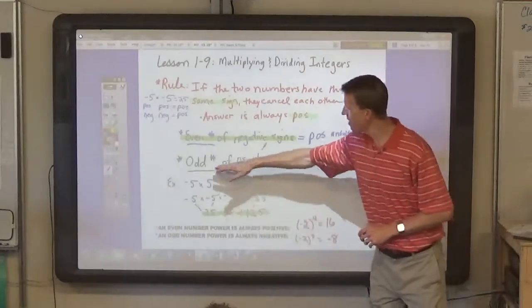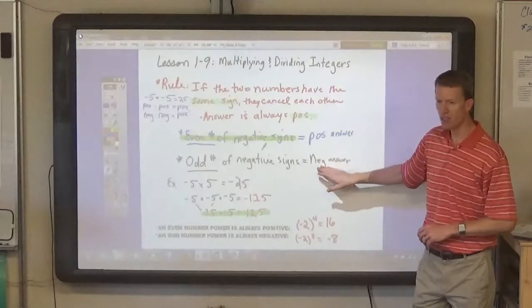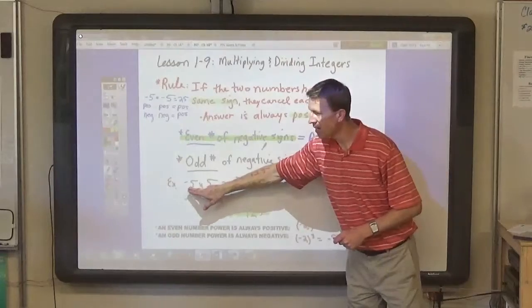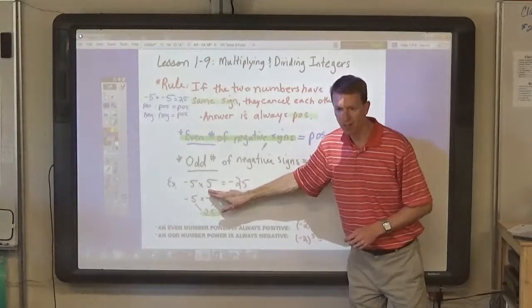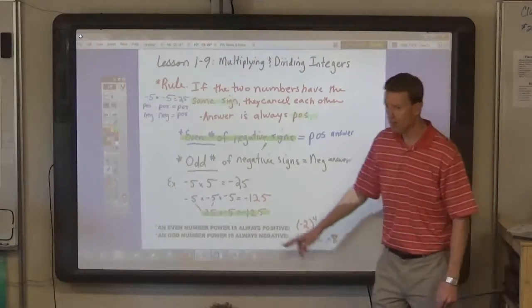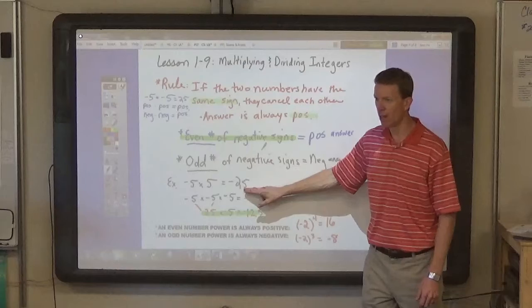Now, if you have an odd number of negative signs, then the answer is always negative. So that means if one of them is negative and the other one is positive, then the answer is negative. Negative 5 times 5 is negative 25.